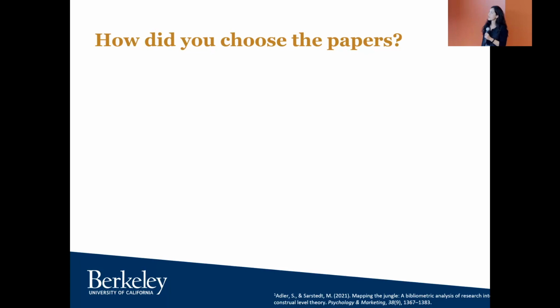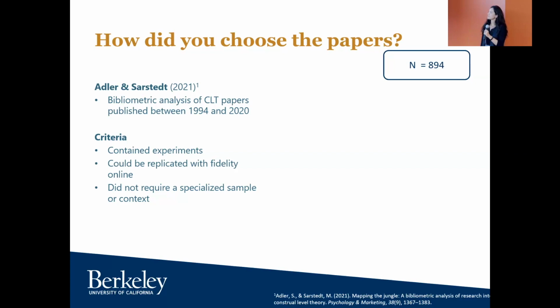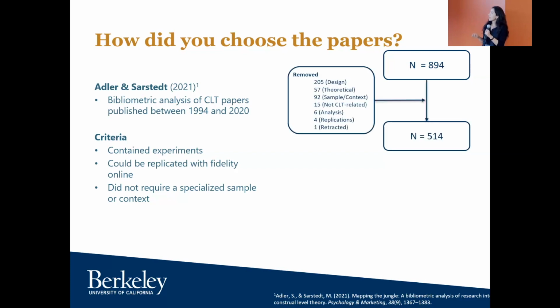How do we choose the paper? There's an excellent bibliometric analysis of all CLT papers published between 1994 and 2020, published in Psychology and Marketing. And we started out with 894 papers. They were filtered initially based on journal rankings, so there's some filtering of quality there. After that, we read all the abstracts and went down to 504 papers.